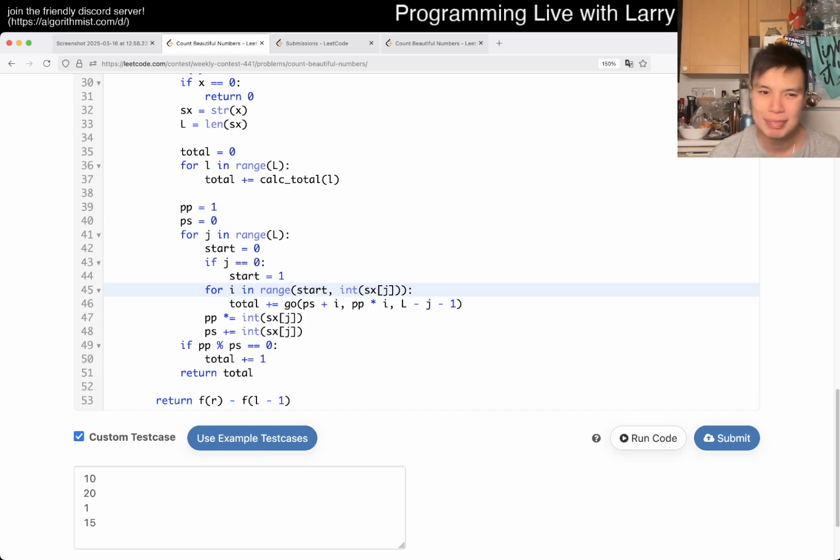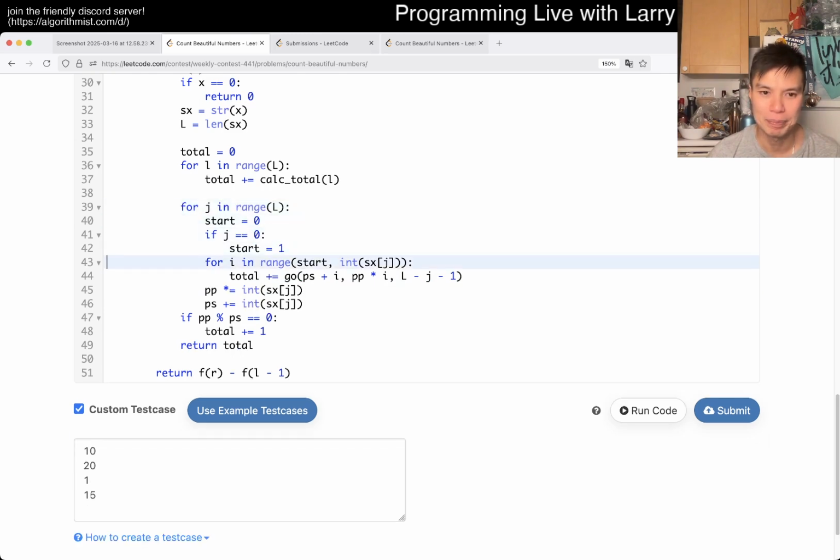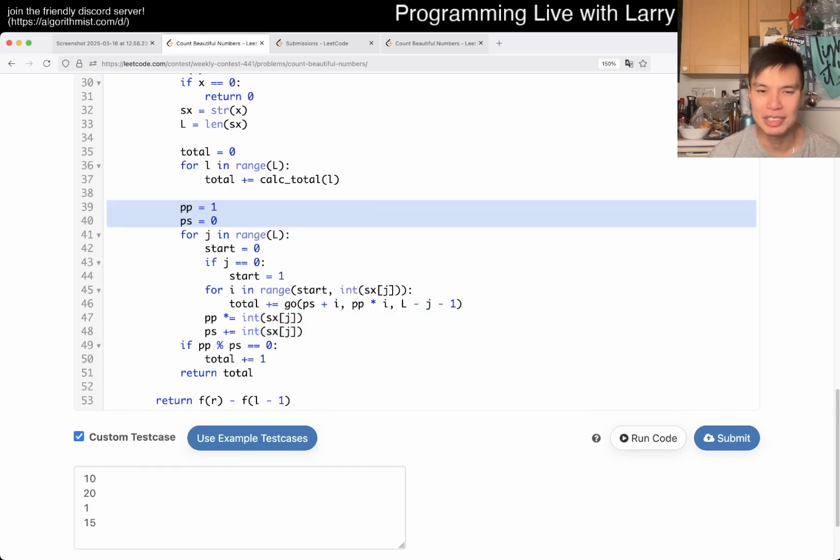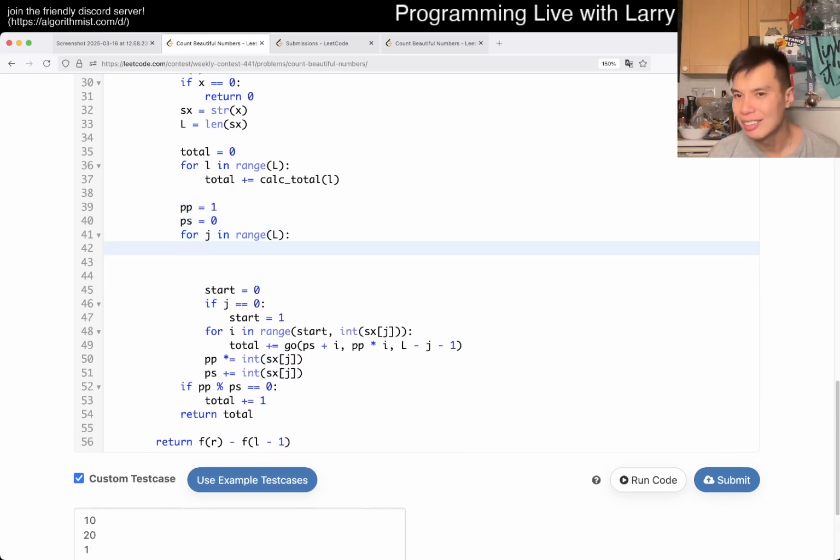And honestly, maybe this PP and PS is a little bit confusing. You don't even need to write it this way, right? If you are a little bit worried, then you could just add another loop, right? Because we have 10 numbers, so adding a factor of 10 is fine. So then just for J, right? So then now for I in range of, I don't know if it's J or J inclusive, right?